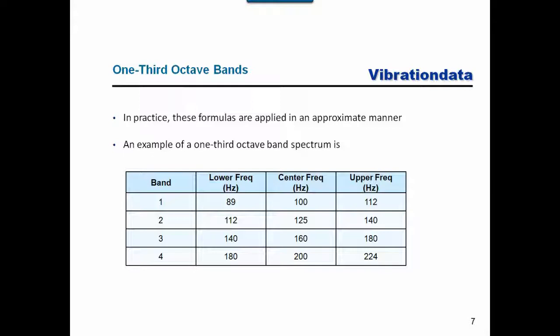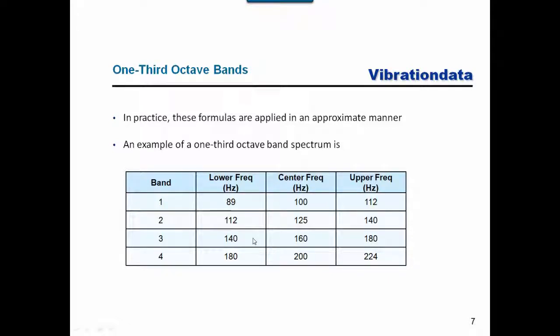And okay, here's another thing to notice. What is the width of each band? Well, if we take 112 minus 89, that would be 23 Hertz. That would be the bandwidth for band 1. Now the second band here, if we go from 140 down to 112, that would be 28 Hertz bandwidth.